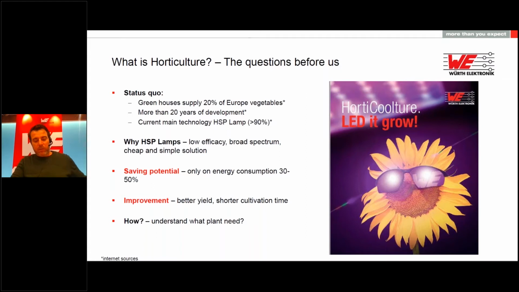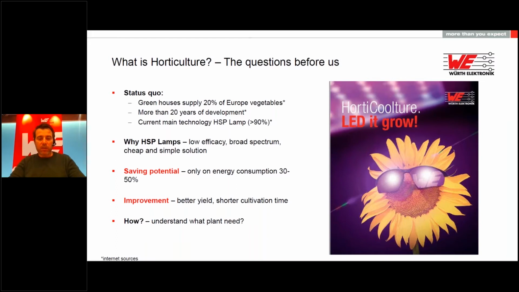But of course, as we are talking about more efficient and more sustainable solutions for the future, we see that LEDs, which have a narrow spectrum and are more than 10 times more efficient than the lamps, with efficiency up to 50%, have a saving potential on energy consumption in such a greenhouse of between 30 to 50% or even more, depending on the lamp.